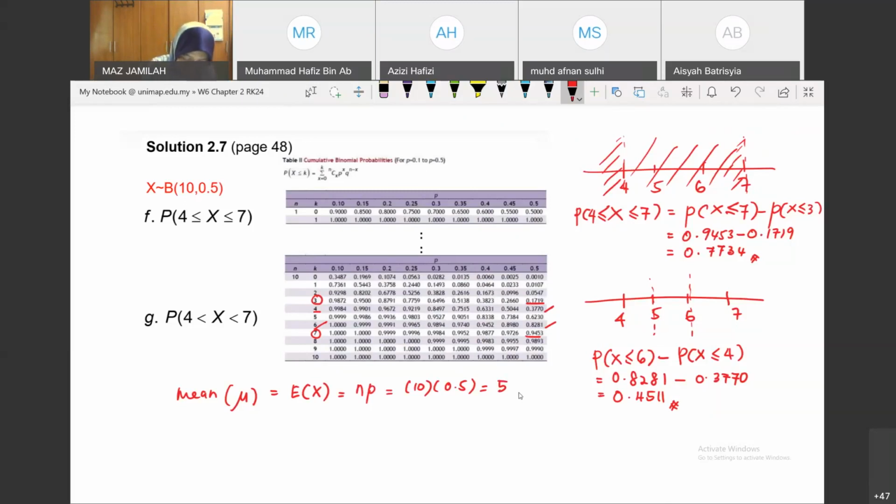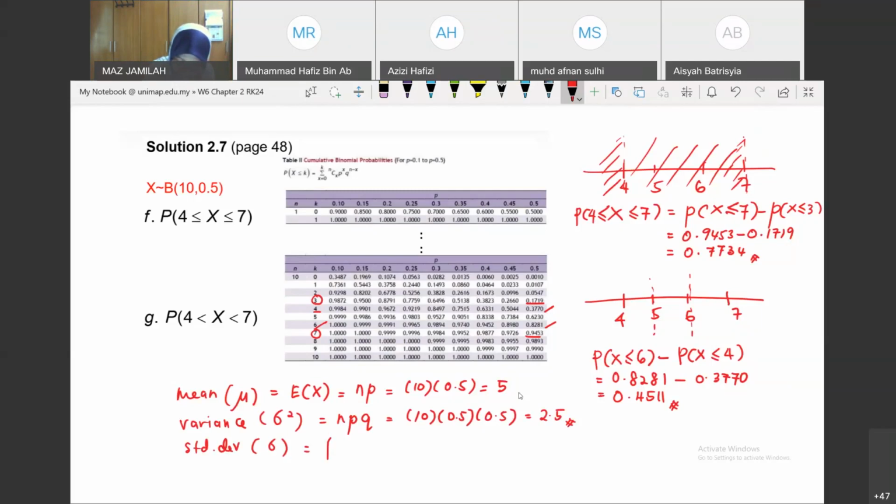Okay, and the variance is npq, right? So npq is 10, 0.5, the failure is 0.5, so it would be 2.5. What would be the standard deviation?